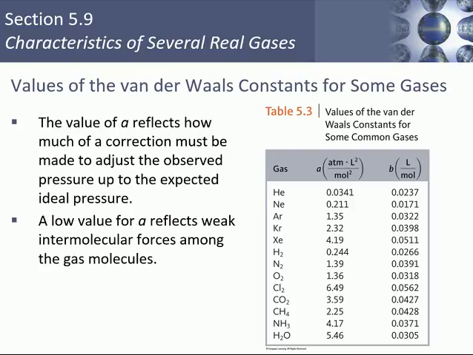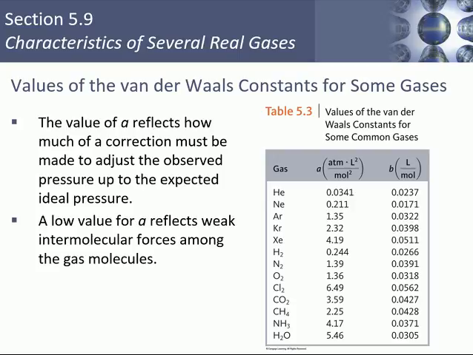So we're going to have to throw in an extra term, A here. And the smaller that term is for A, that indicates that there is very little intermolecular attraction or repulsion between those gas particles, those gas molecules. And so the observed pressure is a lot closer to the ideal pressure. It's just never going to be exactly the ideal pressure, but it's going to be a lot closer.